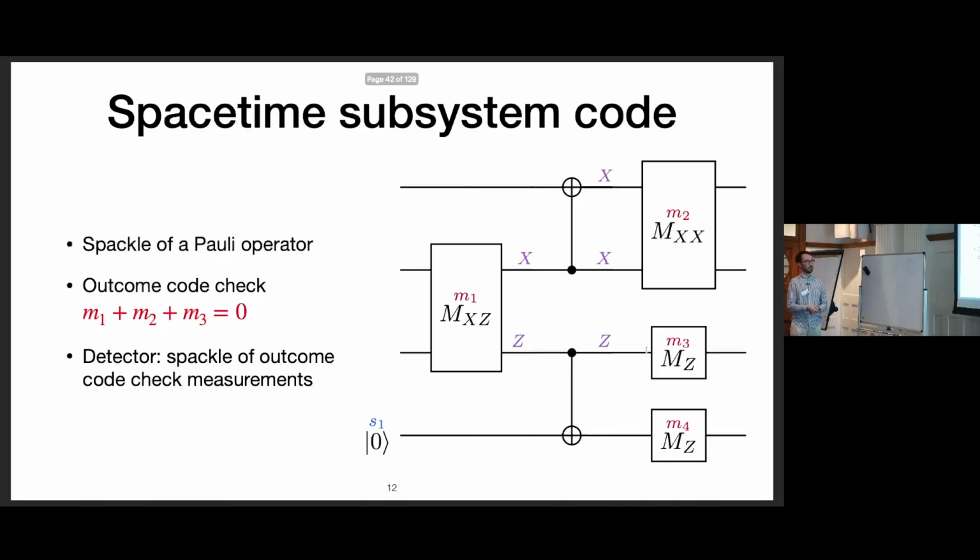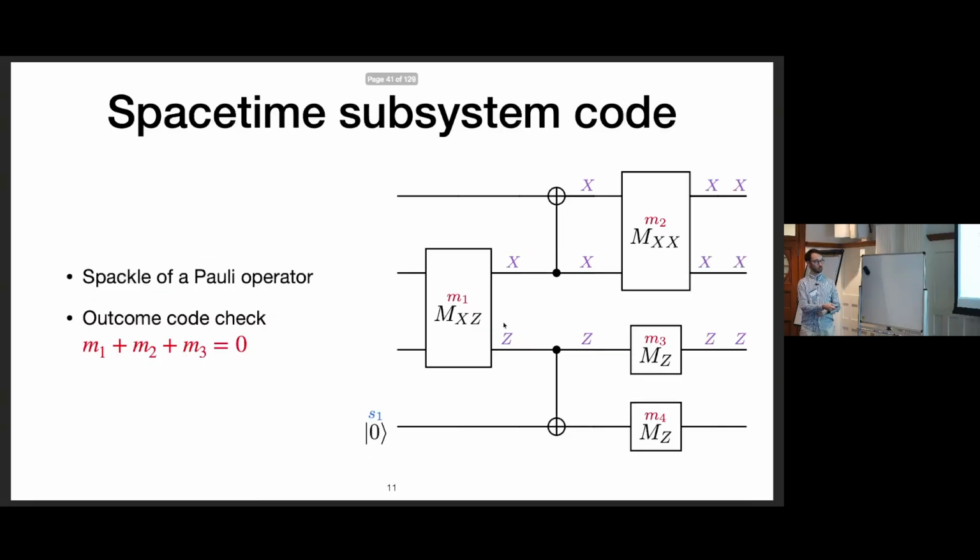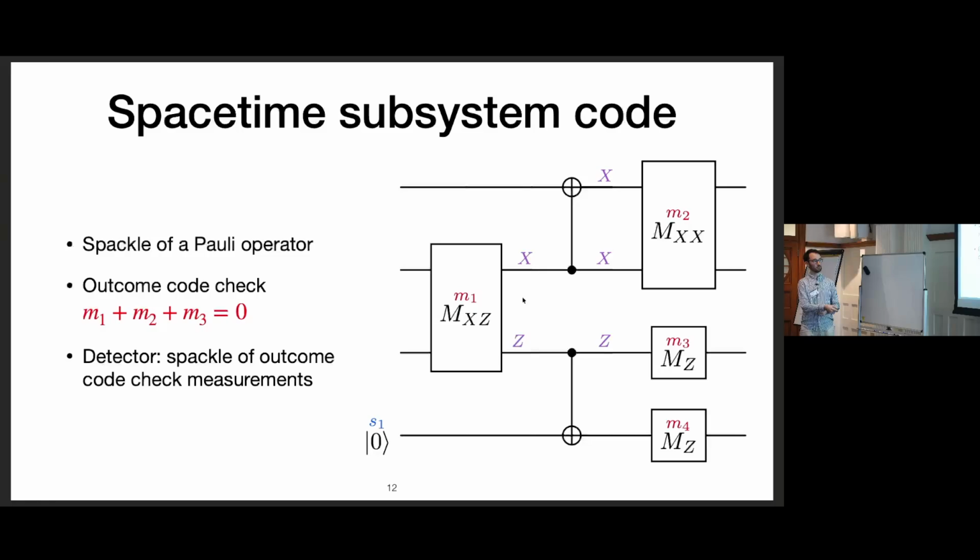And then what we'll call a detector in the spacetime code is I take the spackles of these three measurements and multiply them together as Pauli operators. This one, as we saw before, has this kind of tail coming out like this. When I multiply the spackles, this one and this one will cancel the Pauli operators coming here and here and here. So what I get in the end is this set of 5 Pauli operators.